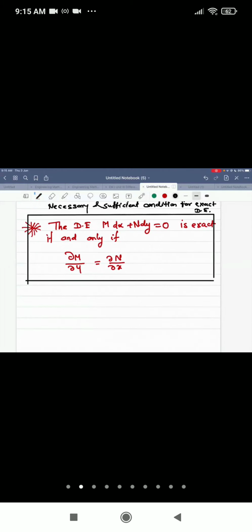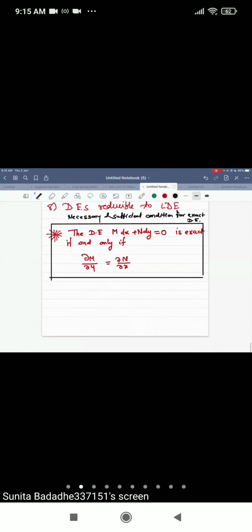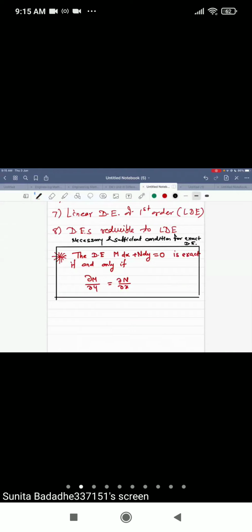Right. Now, in order to find the solution of this exact differential equation, there is a method. That method in detail we are not going to discuss. I'll directly give you the formula, because as I'm telling in every lecture, you engineers don't need to know the methods or the proofs of the formulae or the theorems.